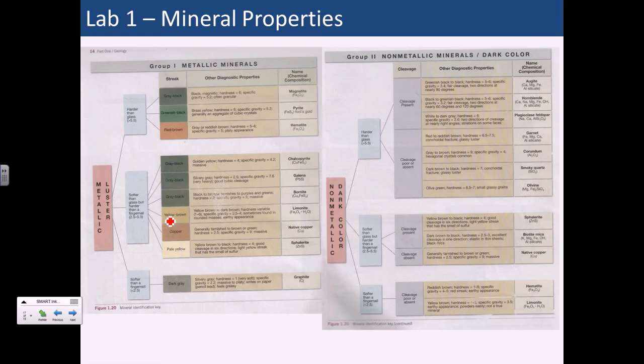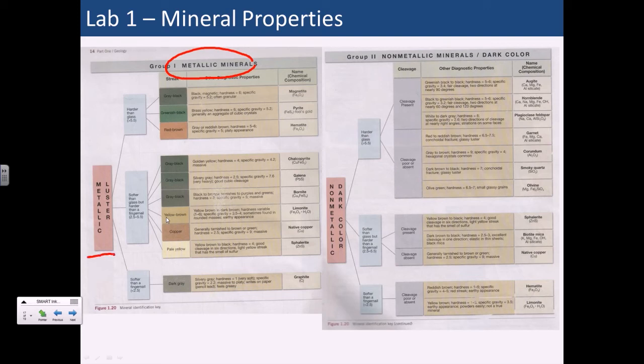So I have something that's slightly different than your actual lab book, probably, depending on the class that you're taking from me. And you'll notice, though, that at the top, for instance, of the table on the left-hand side, we have metallic minerals. So for group 1, we're using luster to break out the minerals into groups.